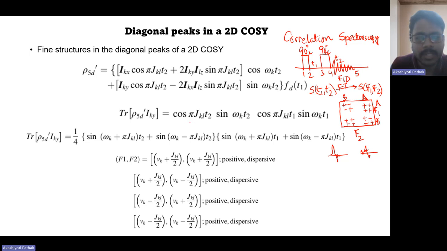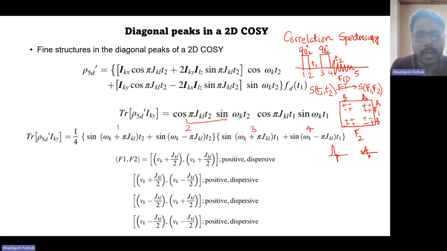If we solve this further and apply those trigonometric formulas and break it down, then we find that we get 4 different terms: sine of omega k plus pi J kl t2, plus sine of omega k minus pi J kl t2, and so on. This is the first term, second term, third term, and fourth term.